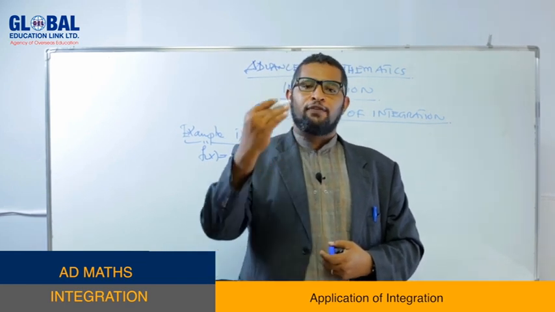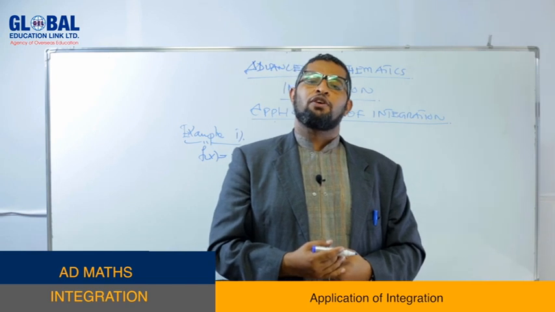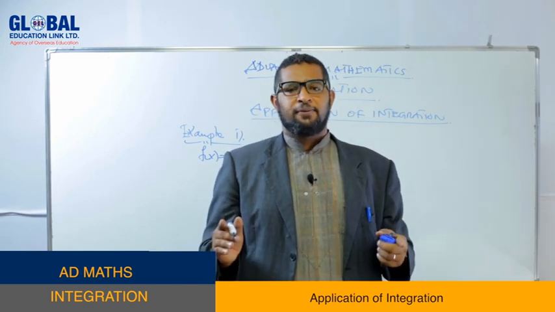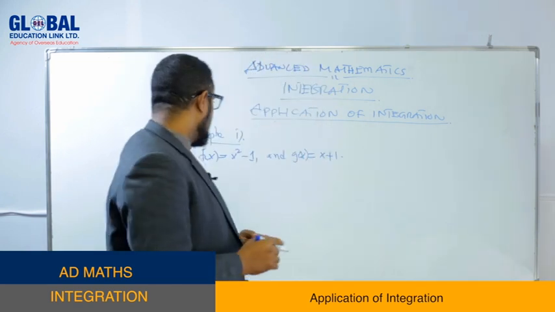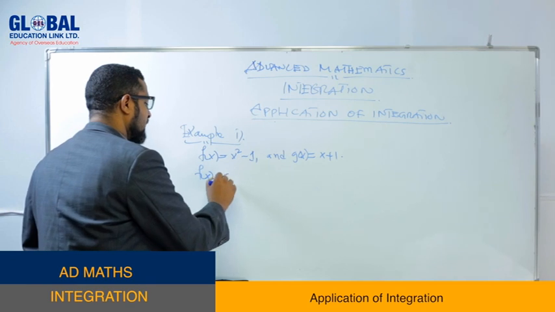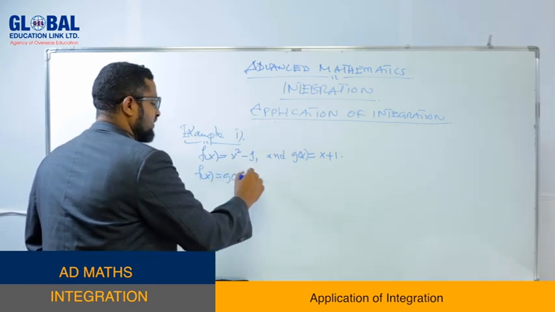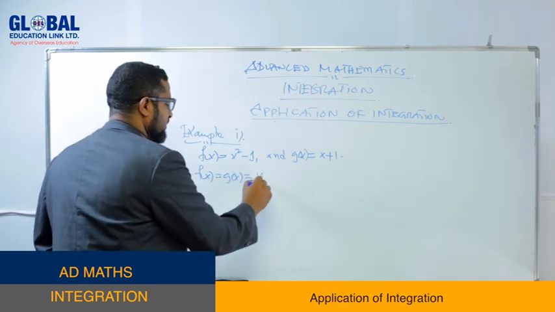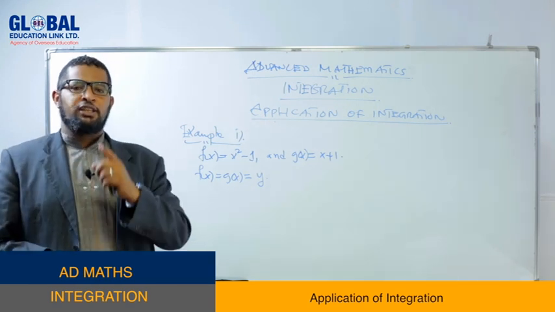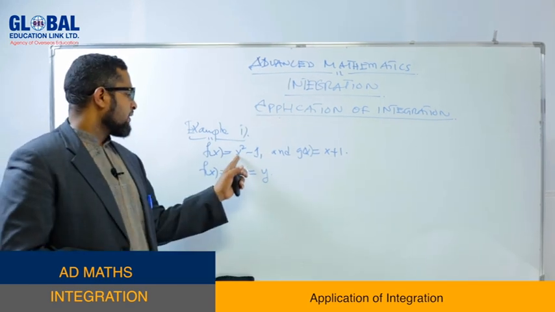Before going to sketch the graph, let's see. We can find the limits by solving, because f of x and g of x are sometimes defined as y, since these are the two functions defined with x.